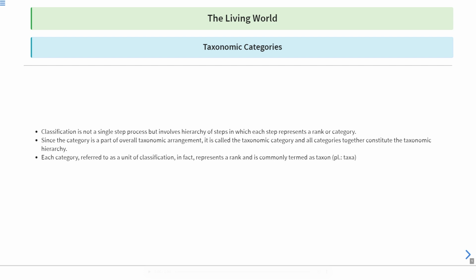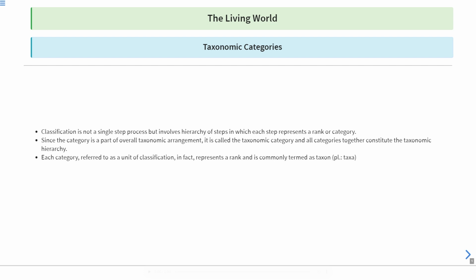Every rank or category is given a taxonomic category name, and all the categories together constitute the taxonomic hierarchy. When you put all the taxonomic categories in a hierarchical form, it is called a taxonomic hierarchy. So two things you must understand: what is taxonomic hierarchy and what is taxonomic category.